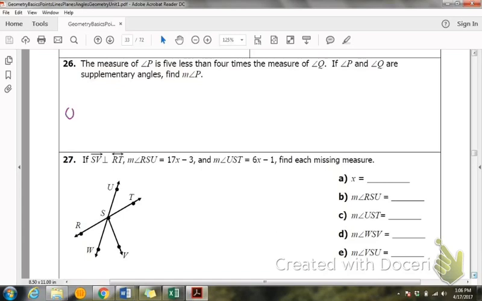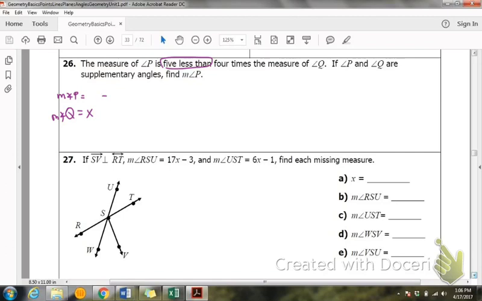So we're going to let the measure of angle Q just be x. Then it says the measure of angle P, so we're going to say, all right, angle P is 5 less than. What does that mean? We're going to subtract 5. We're going to put that at the second half.